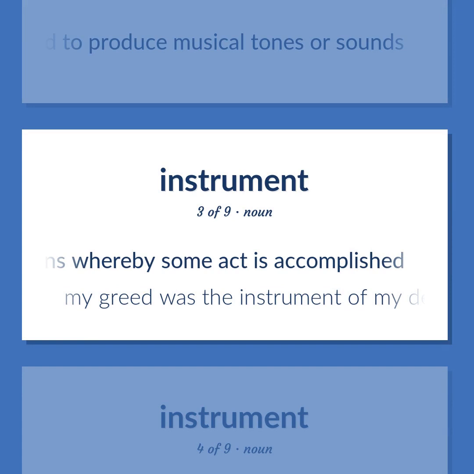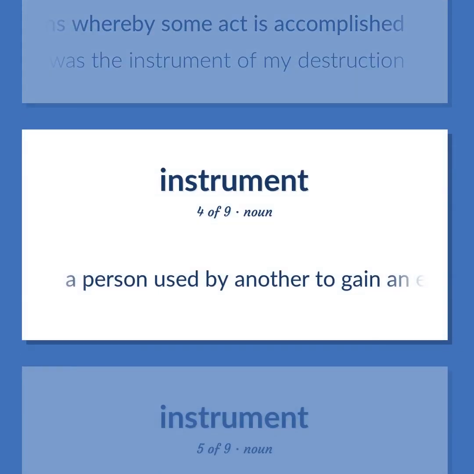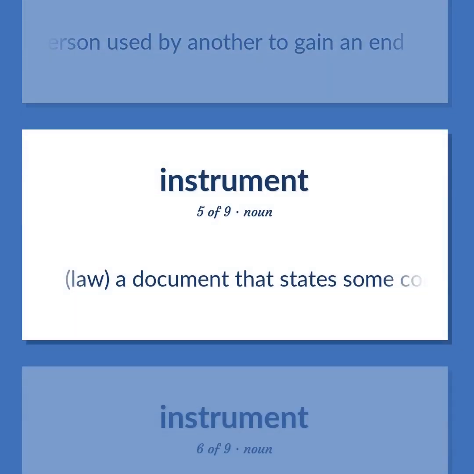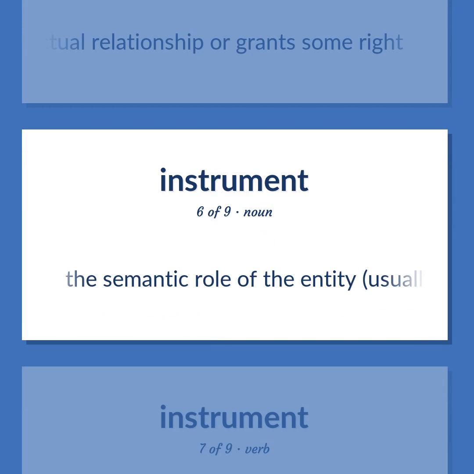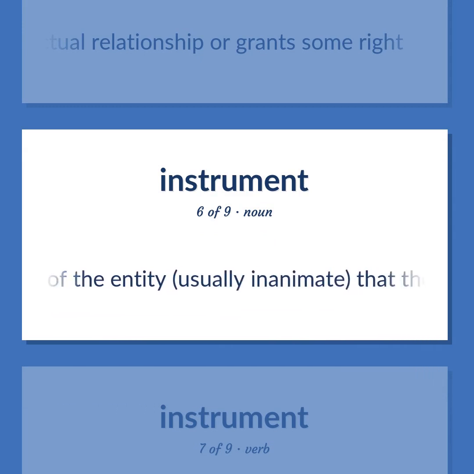My greed was the instrument of my destruction. A person used by another to gain an end. Law. A document that states some contractual relationship or grants some right. The semantic role of the entity, usually inanimate, that the agent uses to perform an action or start a process.